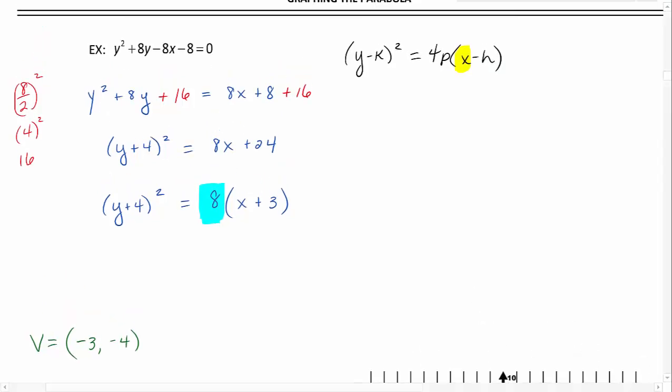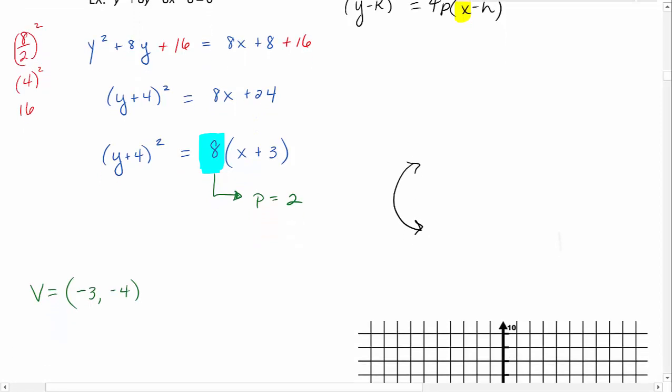So if 4p equals 8, then that tells us that p has to be equal to +2. Our p-value is positive, y is the variable being squared. I know for sure now that this is going to be opening to the right.